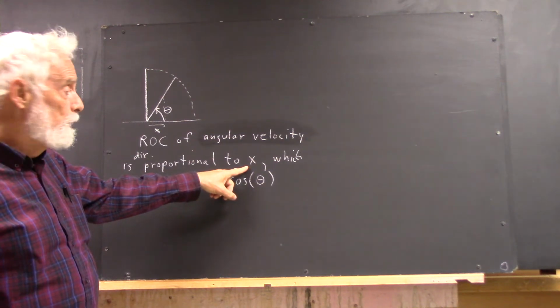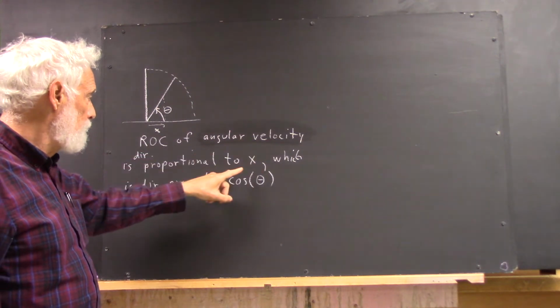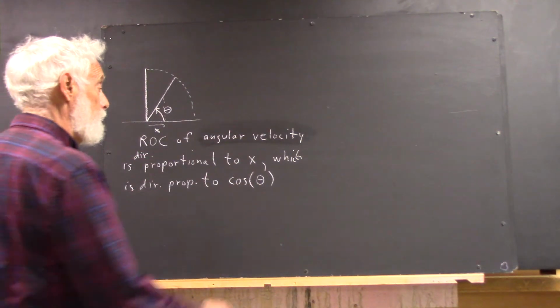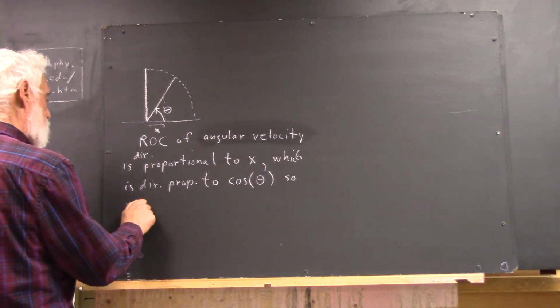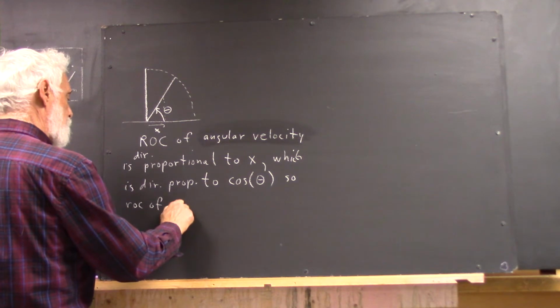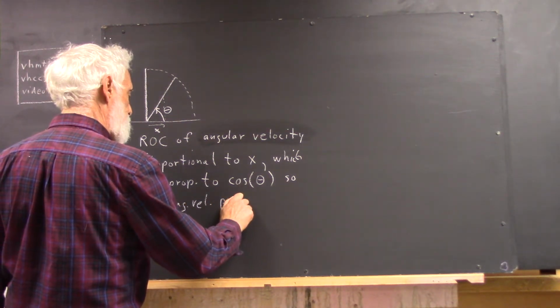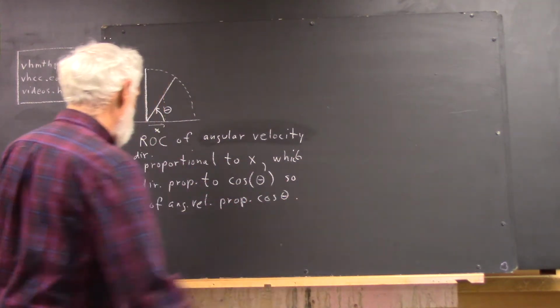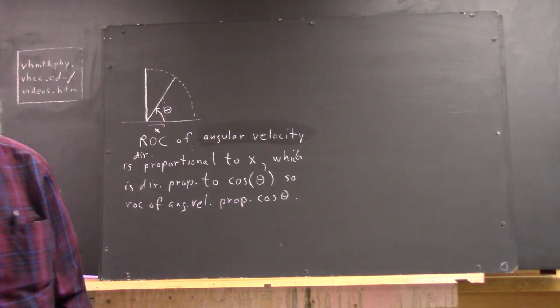Okay? Although you don't need that because the rate of change of angular velocity is proportional to x, which is proportional to cosine of theta. So, the rate of change of angular velocity is proportional to cosine theta.